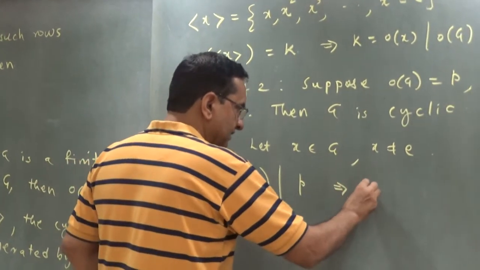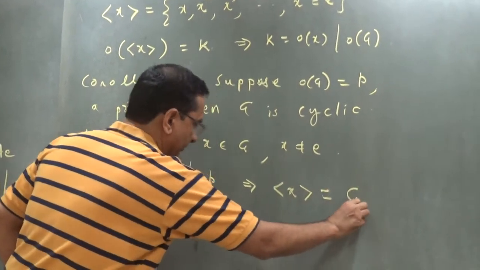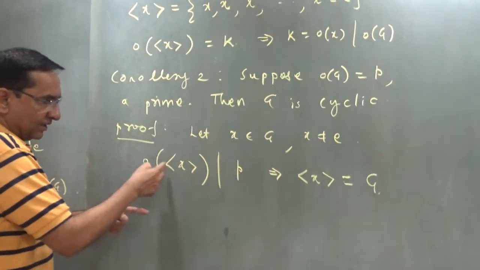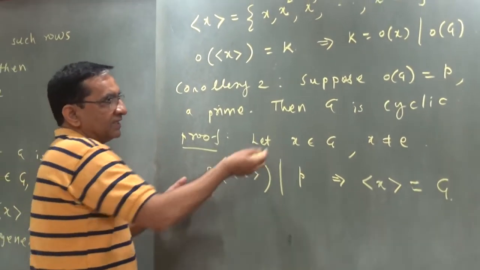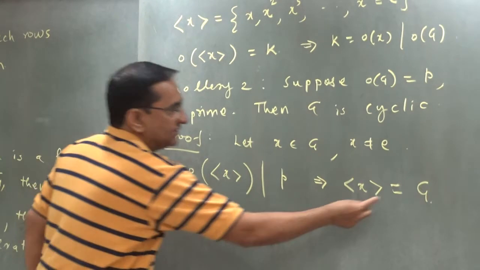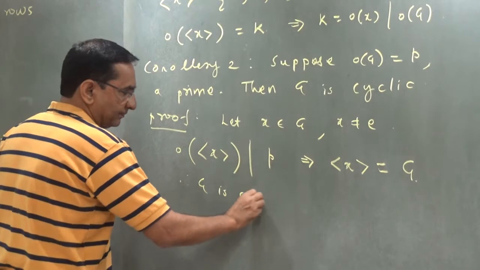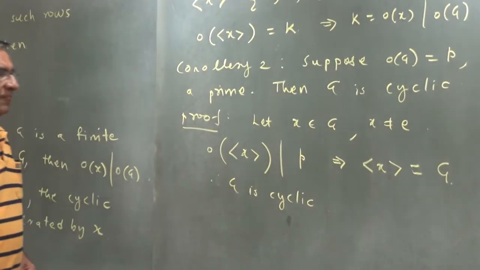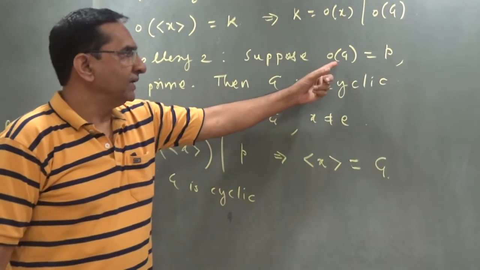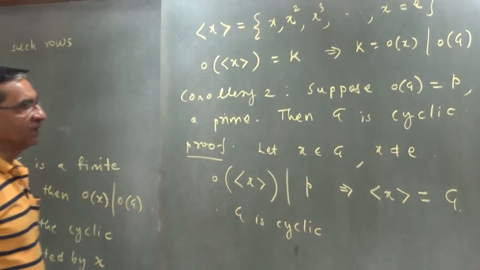So the cyclic subgroup generated by x must be the whole group, because the only possible divisor other than 1 is P. This cyclic subgroup is of order P, and G itself is of order P, so the subgroup generated by x must be G. That means G has a generator, so G is cyclic. So every group of prime order is cyclic. That is one important consequence of Lagrange's theorem.